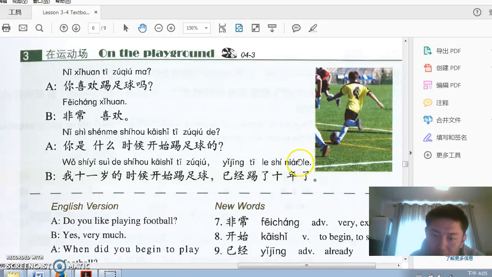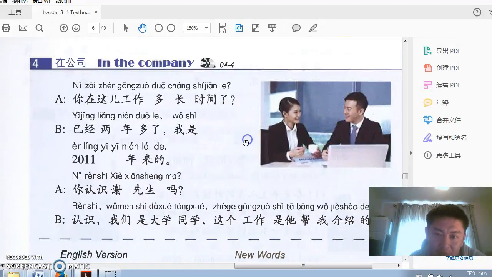Okay, there's 2 了 here to emphasize the action that's being finished. It's been 10 years that we played football.